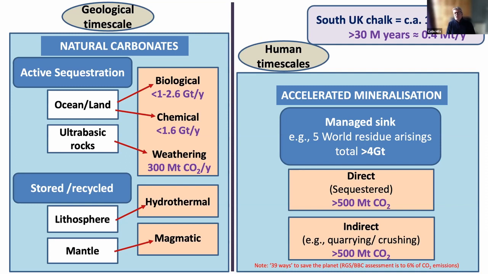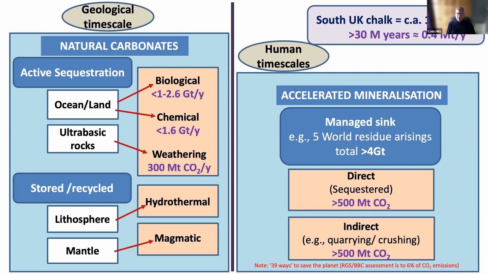Now, in terms of human timescales and what we can do with accelerated mineralization, we think if we take, for example, 5 industrial residues that are found around the world that total about 4 gigatons, it's pretty straightforward to get into those about half a gigaton of CO2 each year through direct mineralization, and indirectly a similar amount. And that's quite meaningful.